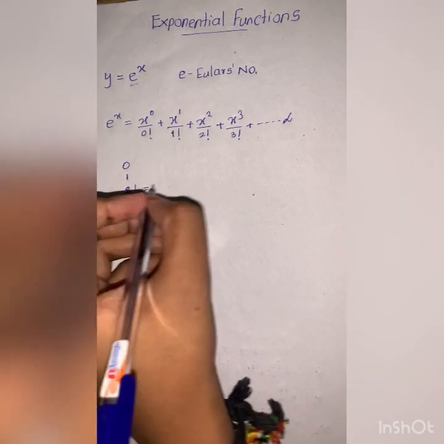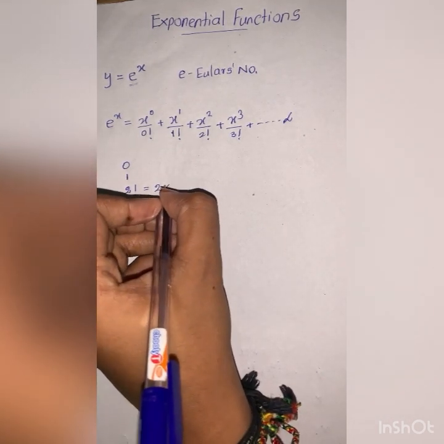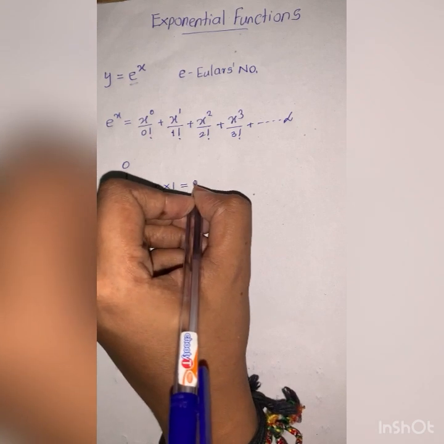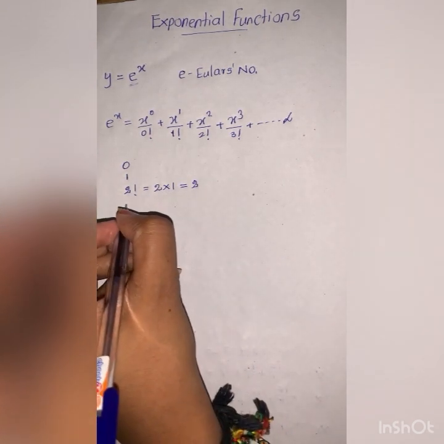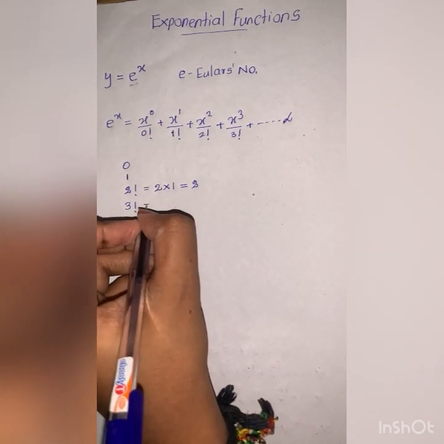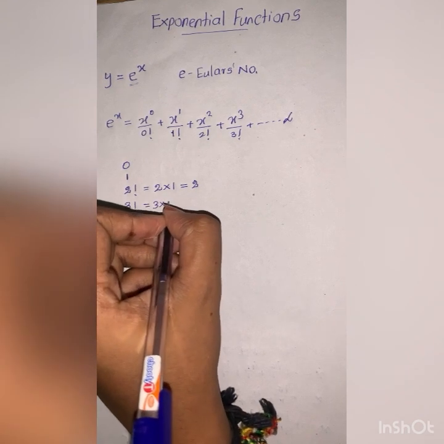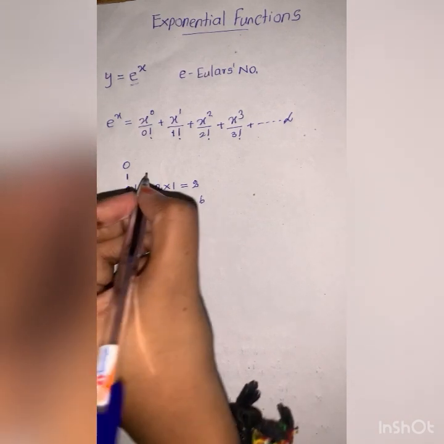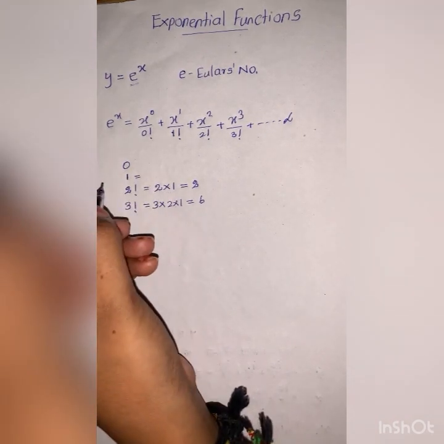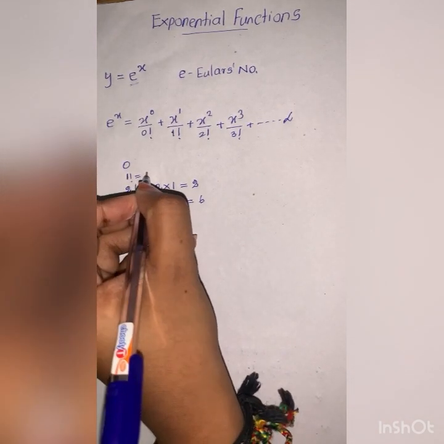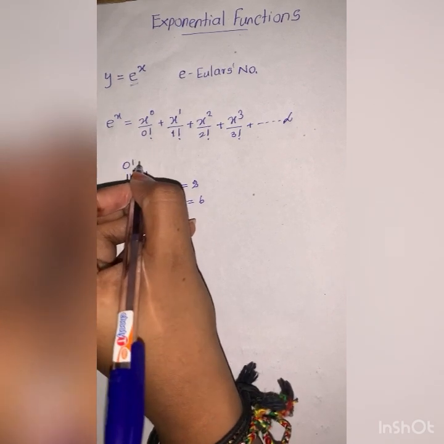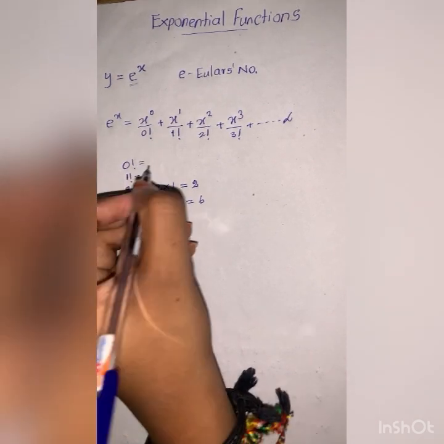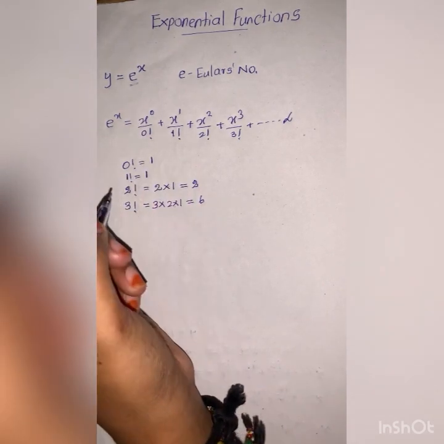2 factorial means the multiplication of 2 into 1, which gives 2. Factorial 3 means 3 into 2 into 1, which gives 6. Factorial 1 is 1, and we also note factorial 0 is also 1.